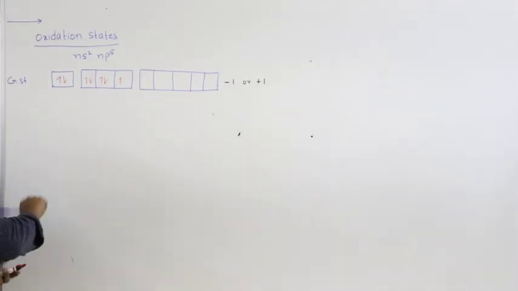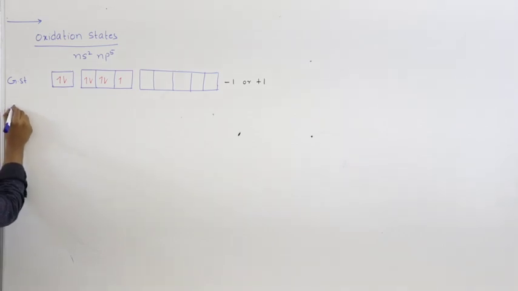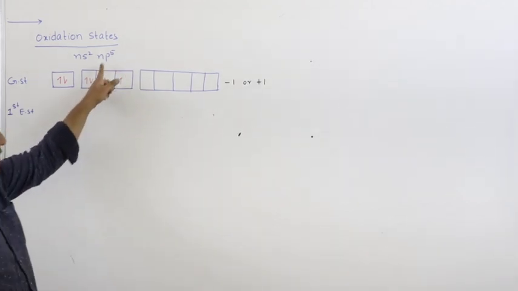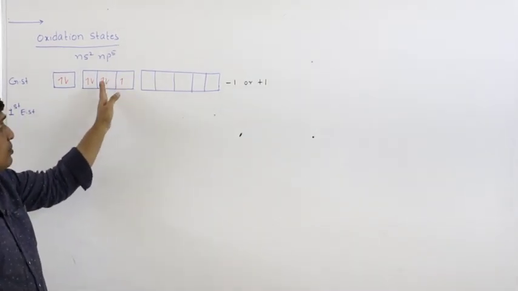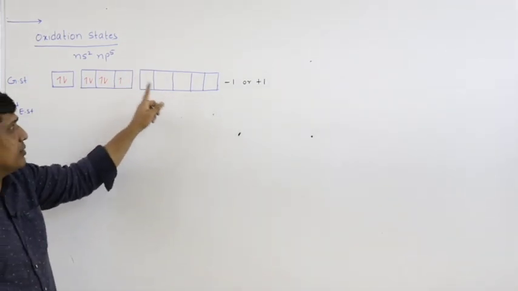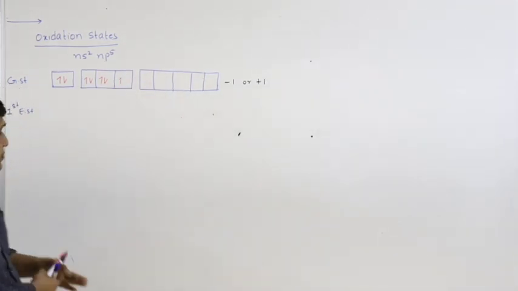So if I go to the first excited state, what is the first excited state? One of the paired electrons is excited, promoted to the next higher energy level, that is nothing but the d orbital.